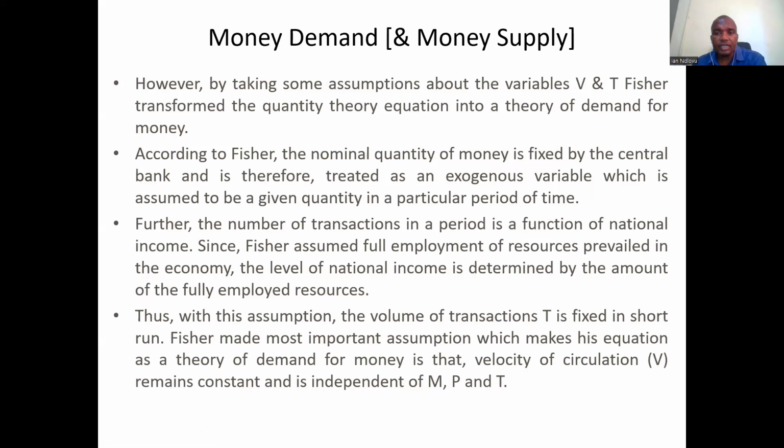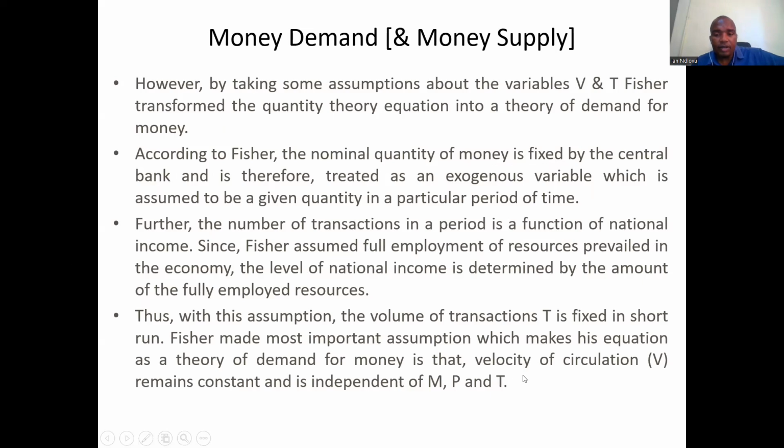So given those are Fischerian assumptions, the nominal quantity of money is fixed by the central bank. And the number of transactions in a period is a function of national income, so it can also be taken as fixed.